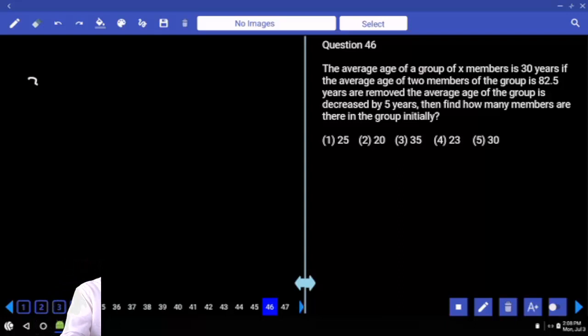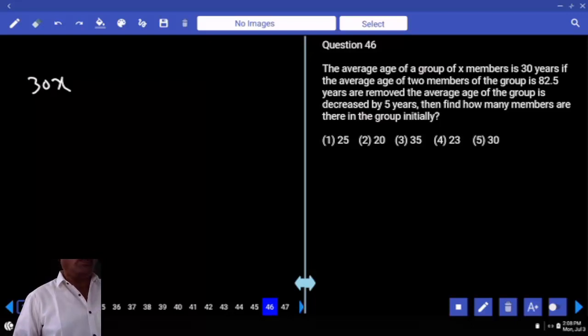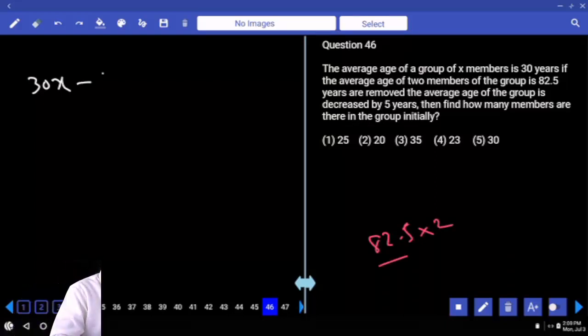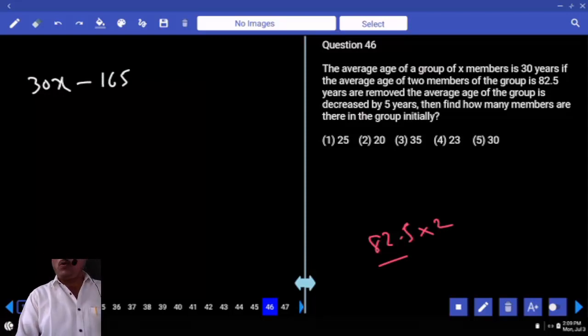Therefore, the total age is 30X. Now, 2 members are removed from the group. What is their average age? 82.5. So, 82.5 into 2. How much? 165. Therefore, subtract 165. Here, 165 is the total age of the 2 members removed from the group.